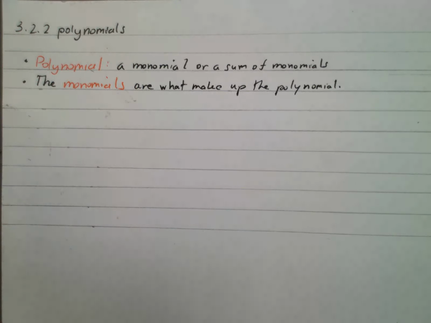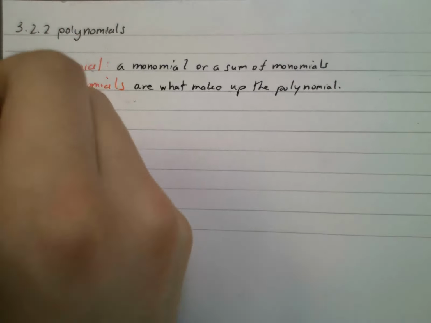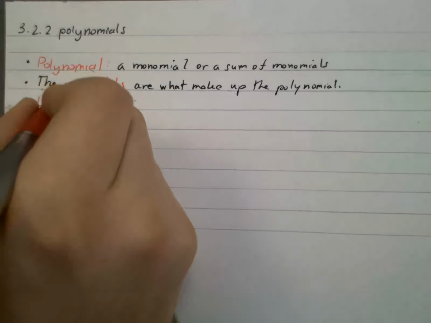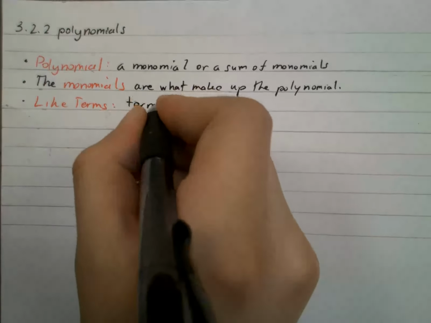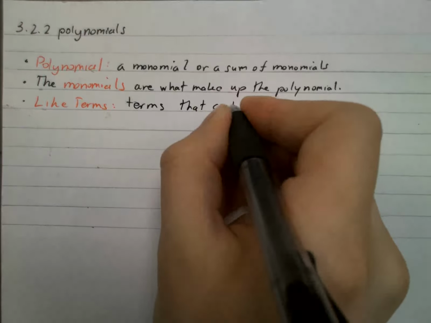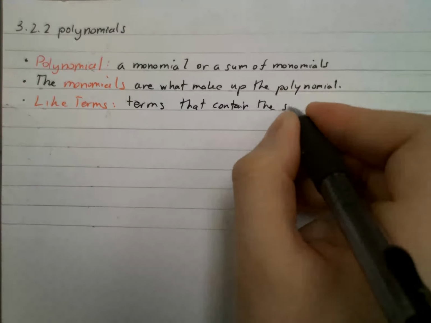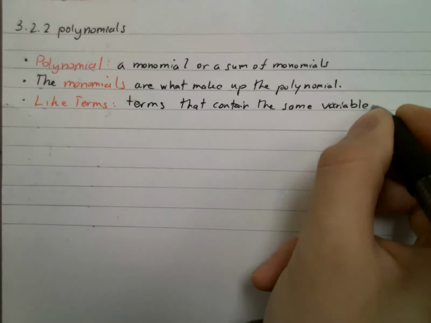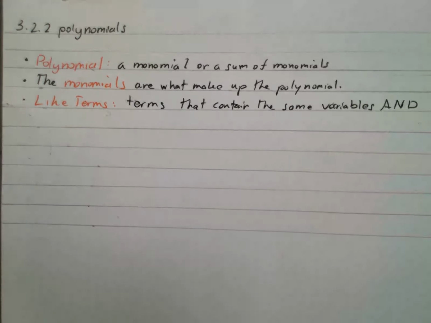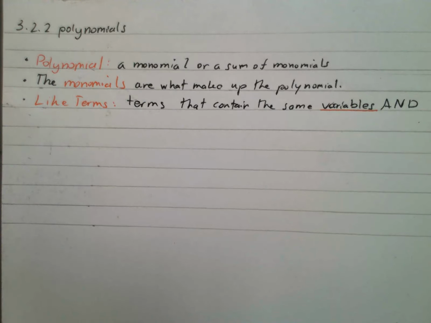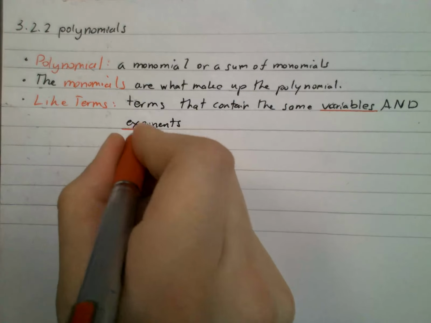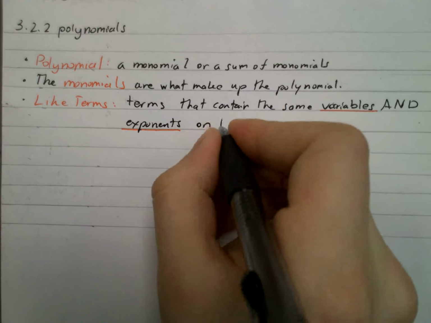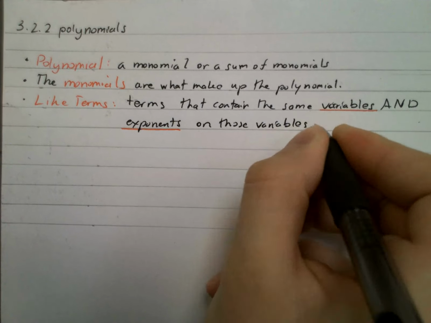Now, when we refer to like terms, which is something I also mentioned briefly throughout this week in the other videos, like terms are terms that contain the same variables and, I might actually want to underline that, variables and exponents on those variables. Okay?